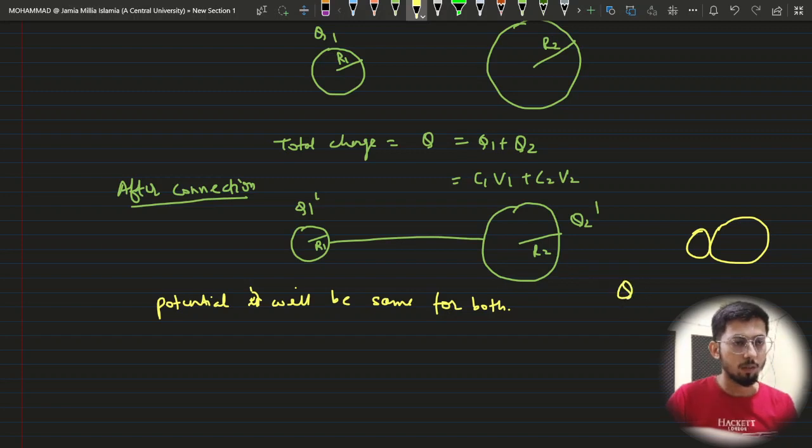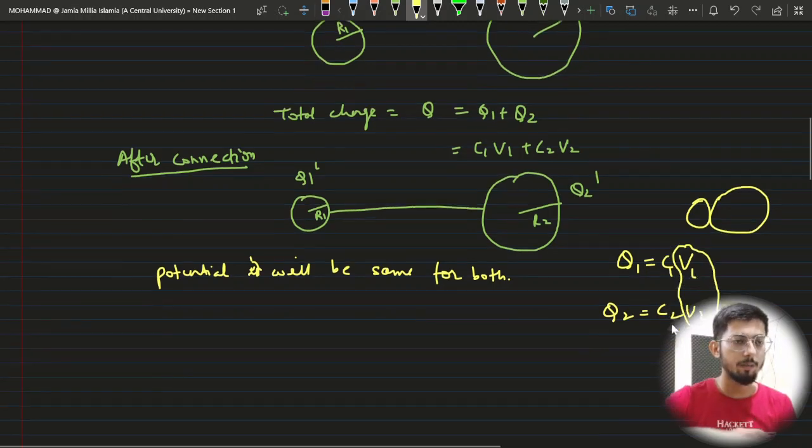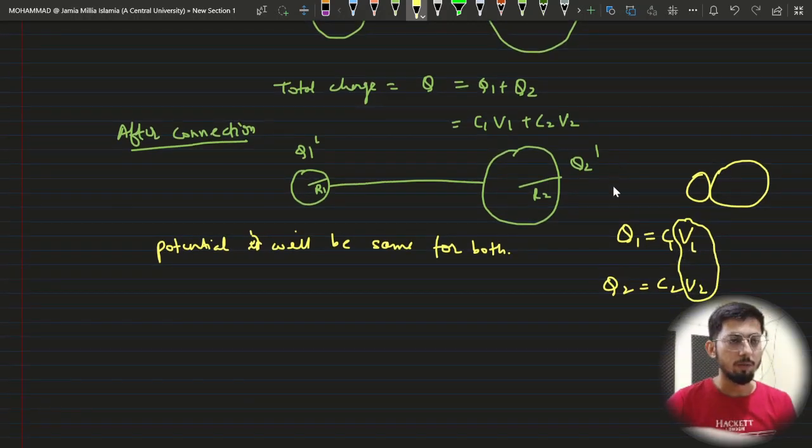So Q in general is equal to CV, right? If Q1 is C1 V1 and Q2 is C2 V2, that is how it is. But if this V is common, and in both the cases it is C1V and C2V, then the Q depends on C1 and C2 only.